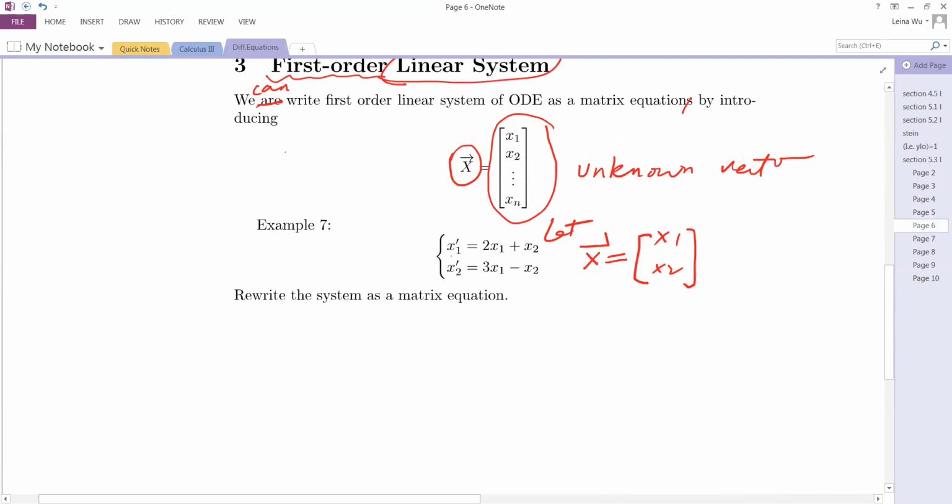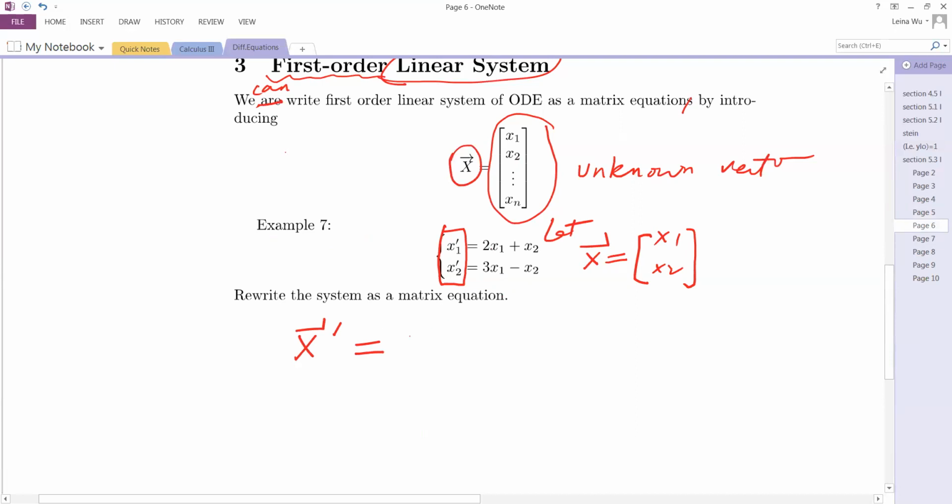So in that case, how do we write the system as an equation about x vector itself? Let's start with the left-hand side. Left-hand side is x1 prime, x2 prime, which is just the derivative of x, right, on the left-hand side.